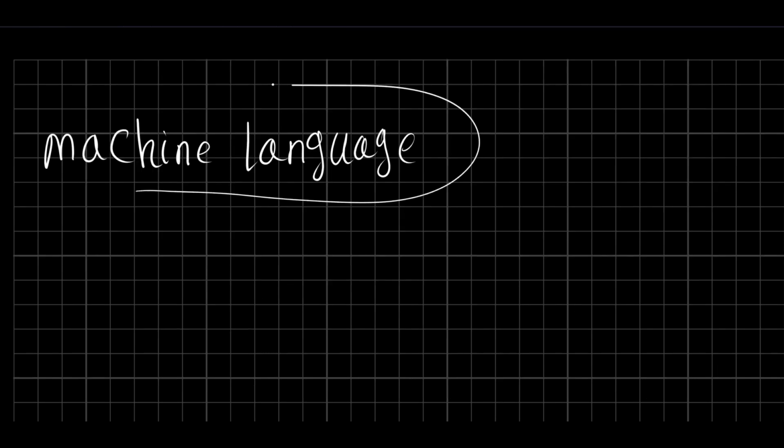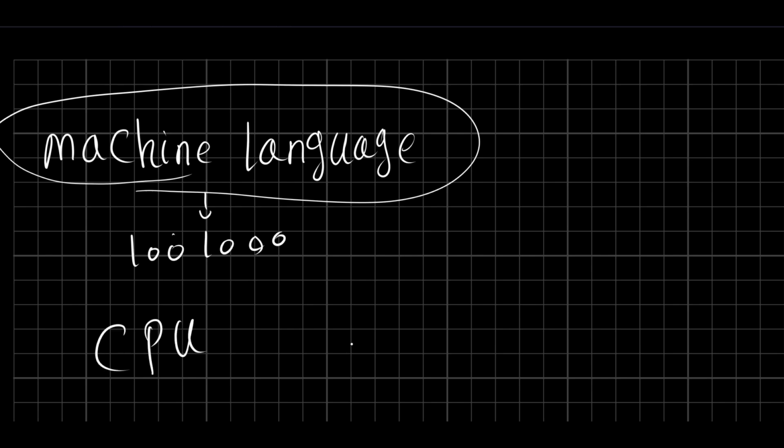Okay, so now let's think about it. What actually happens to this machine language? What happens to the ones and zeros that the compiler generates? Well, we're gonna focus mainly on two components of the computer, the CPU and memory.